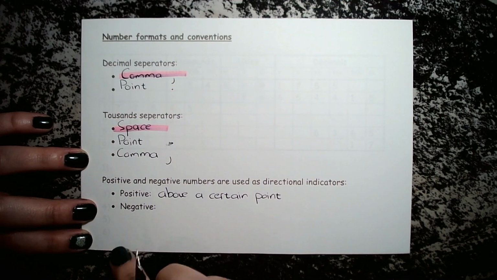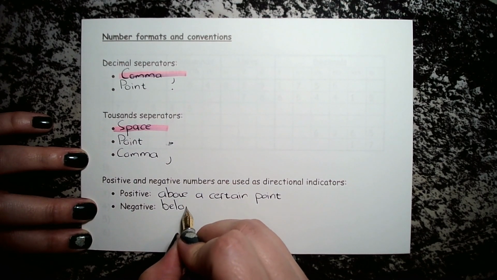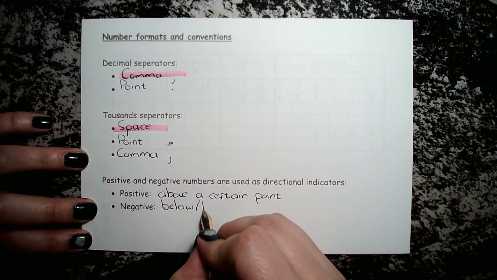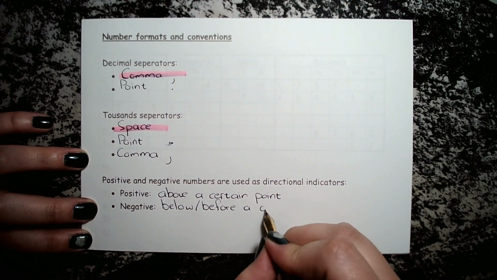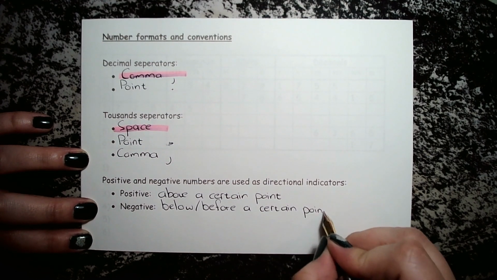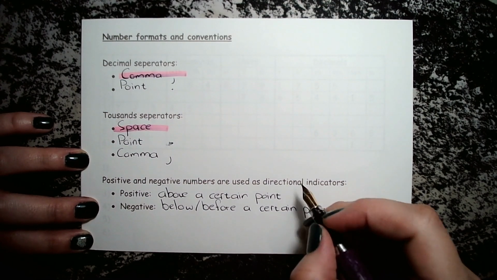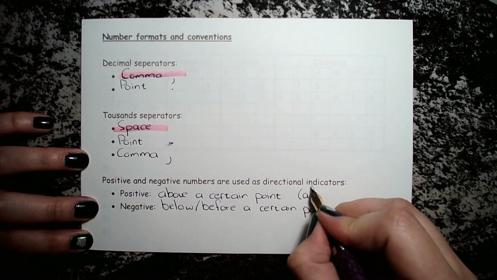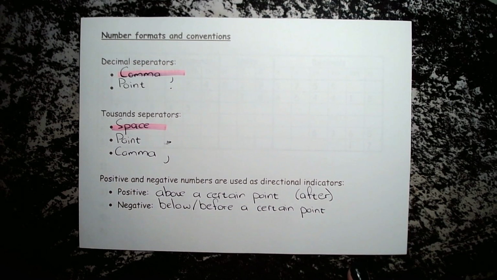And if it's negative, it is below a certain point or before a certain point. And because we have below or before, above can also mean after. This is just to give you an indication of direction usually.